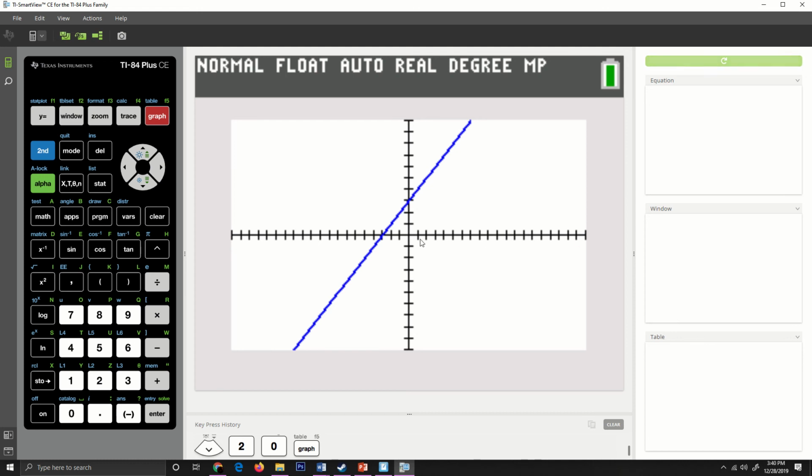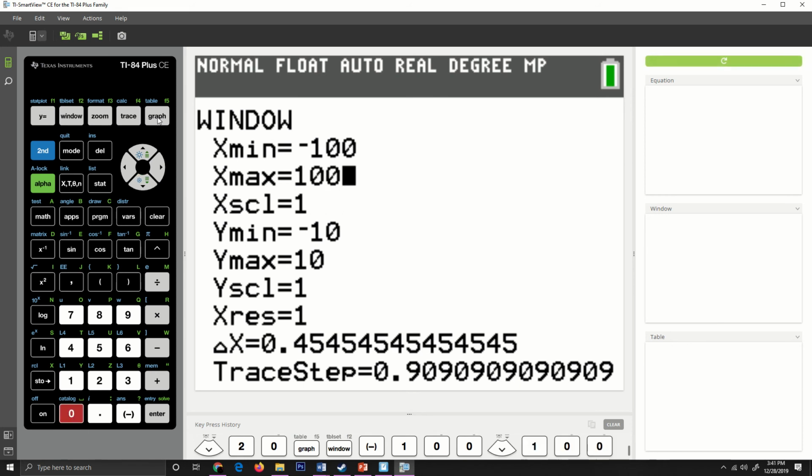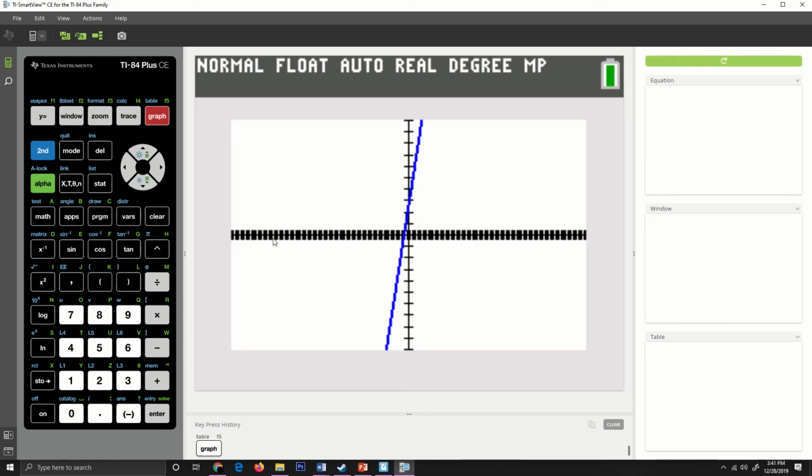There are a lot more tick marks because the window is actually the same size, but we're trying to graph more values on it, so each tick mark is worth 1, and they're getting smaller. If I change it to, let's say, -100 to +100, we get all these itty-bitty little tick marks here, and we can't really see anything.